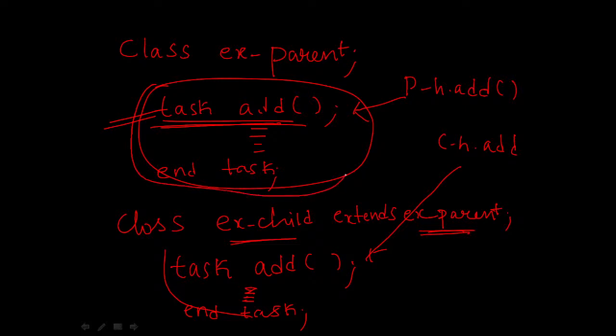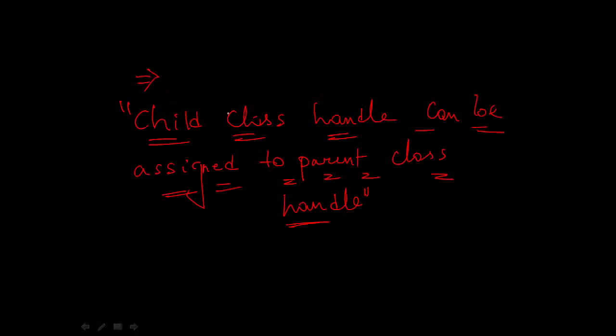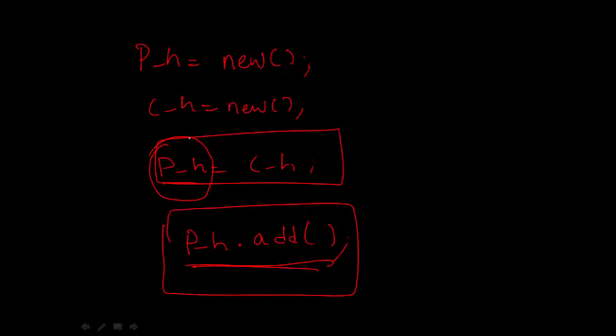But what we think is, since we are making the assignment p_h is equal to c_h, and p_h, the parent class object handle, is pointing towards the child class object handle, the method present in the child class will be called, because the parent will work as a child class object handle.